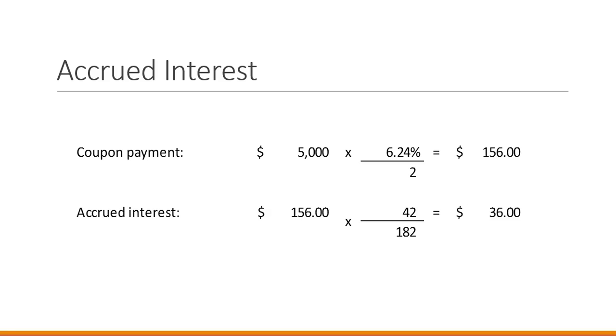So if we were to sell our bond today, or we're purchasing a bond from a seller today, this bond, given these terms, we would pay an additional $36 to the seller, because the seller has earned $36 in interest that once they sell the bond, they're not going to receive from the issuer.